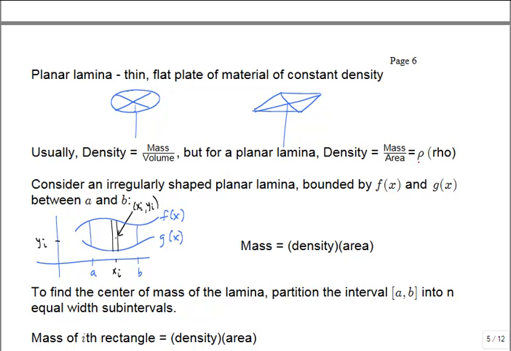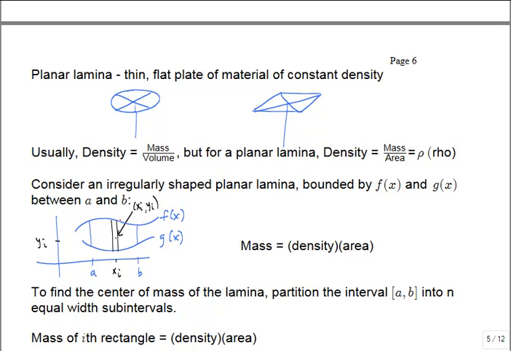So consider having an irregularly shaped planar lamina. So not a nice circle or a nice rectangle. Suppose it's got a weird shape, bounded by some function f and some function g between a and b. So here's my planar lamina right here. f is on top, g is on the bottom, and it's between a and b.